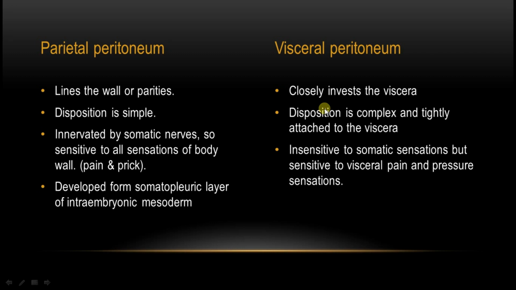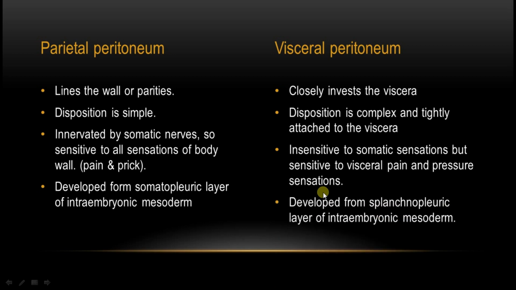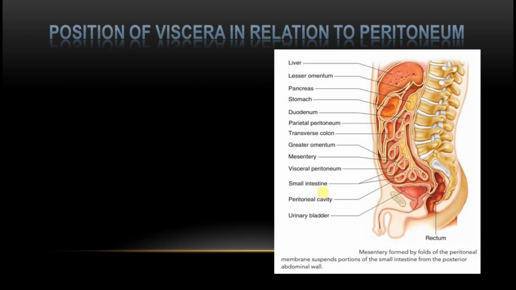So visceral pain, sensations of pressure and distension, all those we can experience in the visceral peritoneum, and it is developed from the splanchnopleuric layer of intra-embryonic mesoderm. That is the main difference between the parietal peritoneum and the visceral peritoneum.